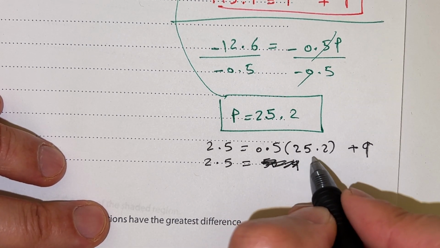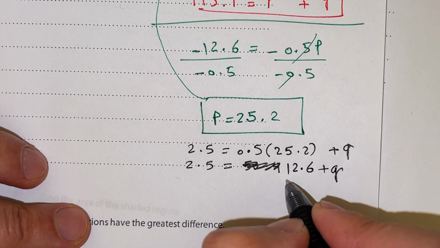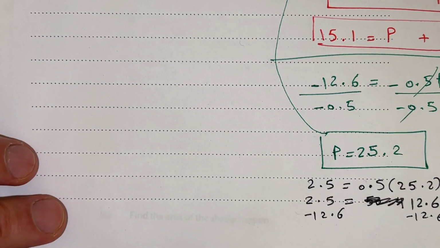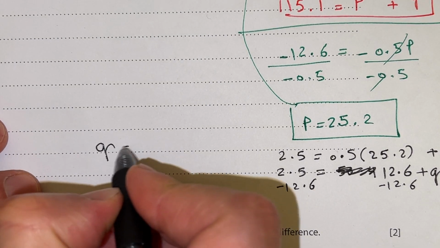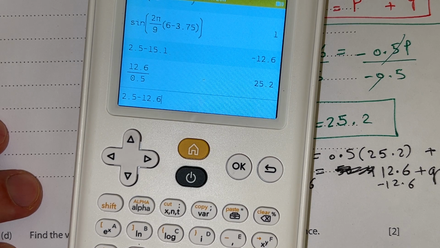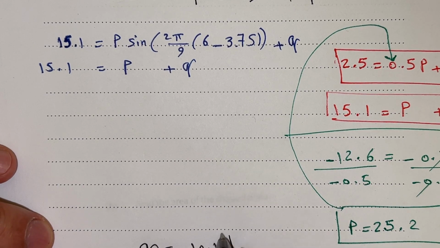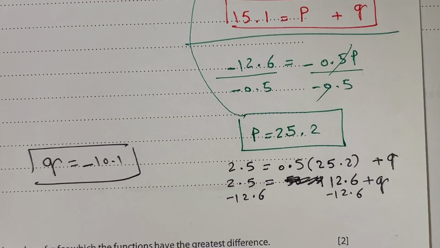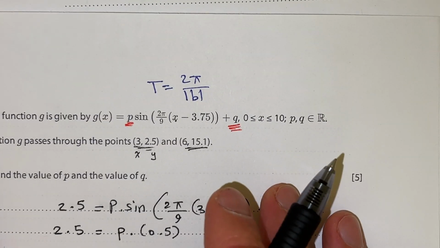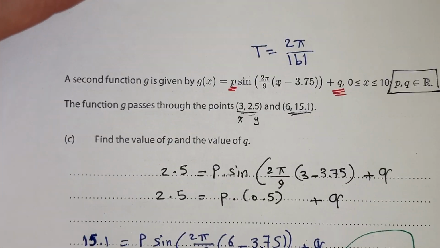I need half of 25.2, which is 12.6, plus q. Subtract 12.6 from both sides, so I will end up with q equals 2.5 minus 12.6, negative 10.1. It's so easy. So I found the values of p and q, and they mentioned that they are real numbers, so I'm good.